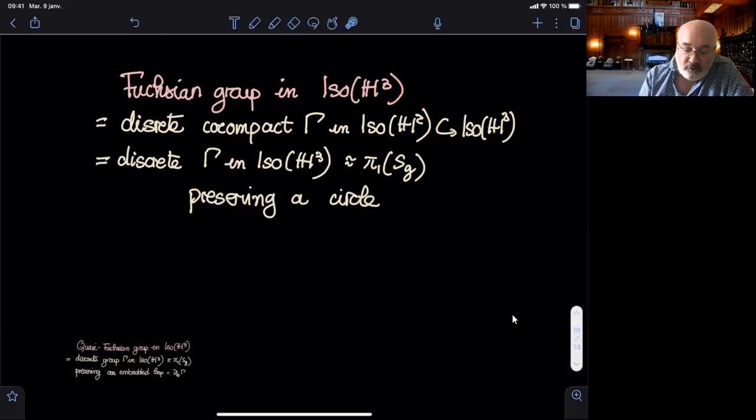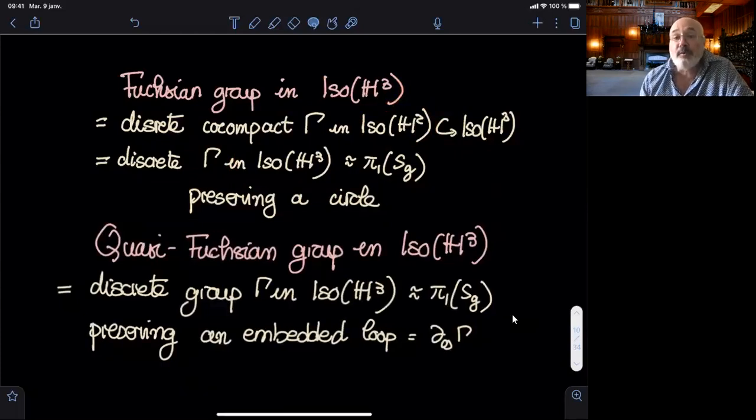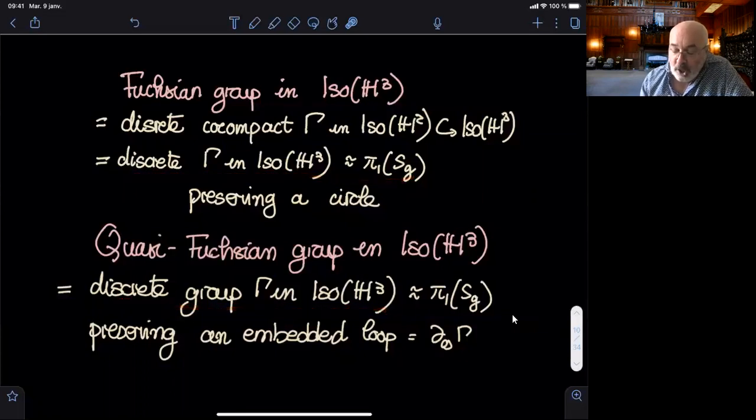Then you can extend this notion to define a quasi-Fuchsian group. So what is a quasi-Fuchsian group? It starts with the same definition as before. It's a discrete group in the isometry group of H3, which is isomorphic to the fundamental group of a surface, and which preserves an embedded loop in the boundary at infinity.